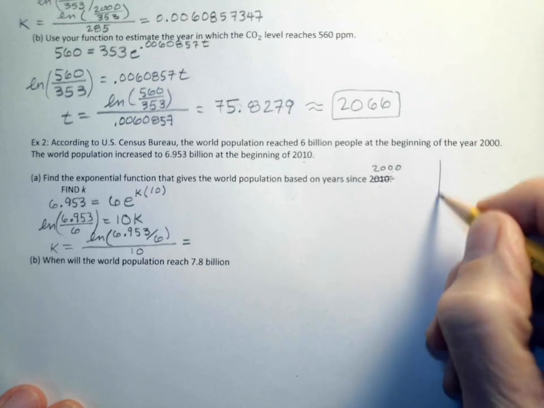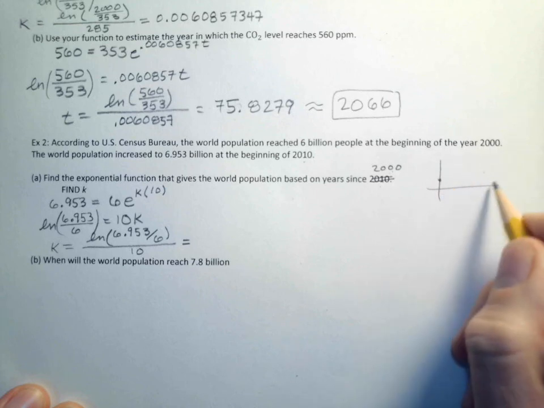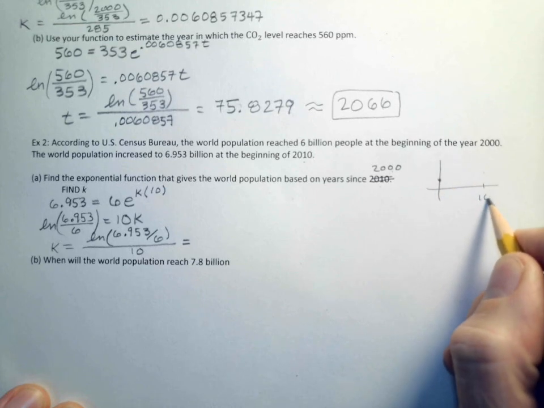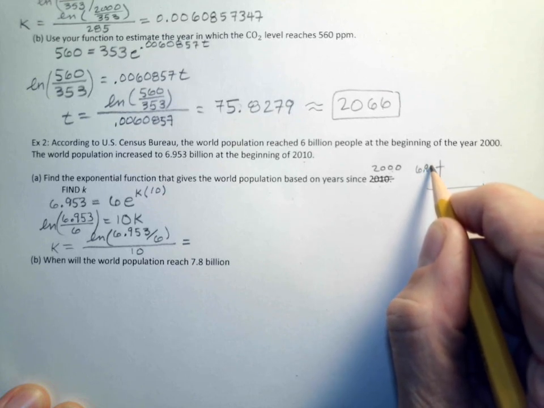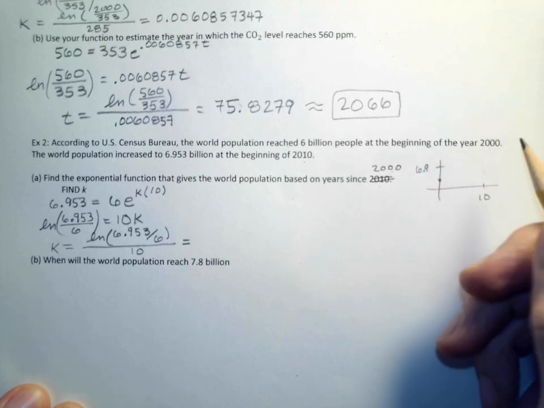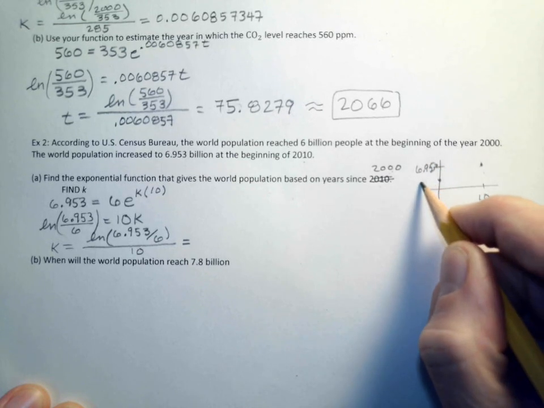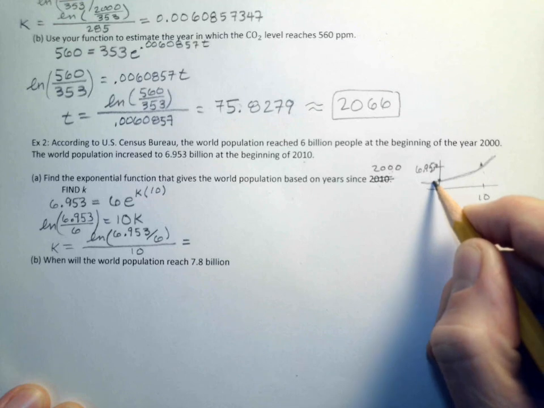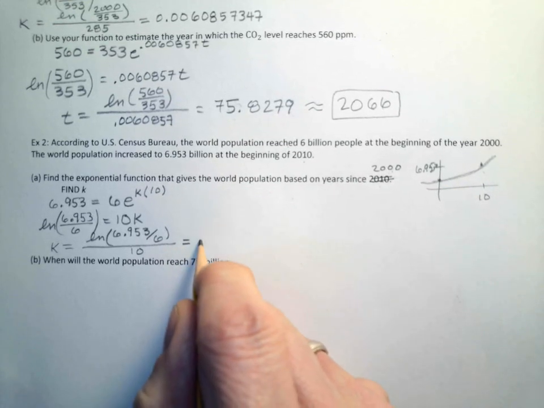Again, it's what's happening: at time 0, it's 6 billion, and then 10 years later, we're up to 6.953, right? So we have sort of this curve that's happening here. So we're increasing, so of course it makes sense that our k is positive.